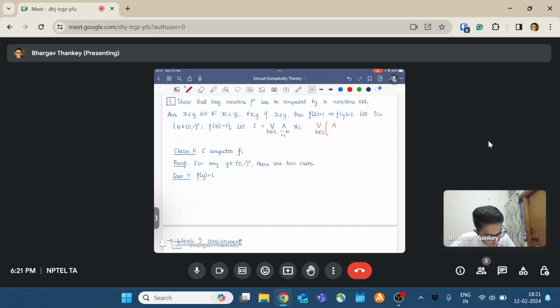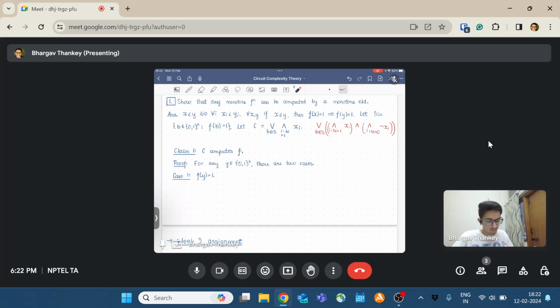And we would have AND for the x's which are one, it would be just itself, and for others it would be negated. So the expression of that circuit would be this, right?